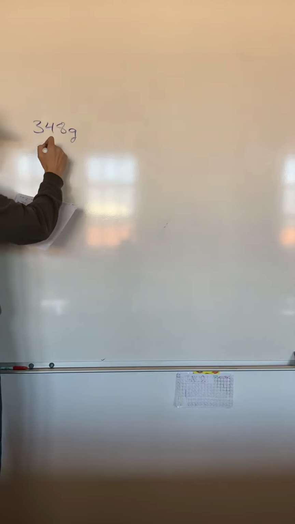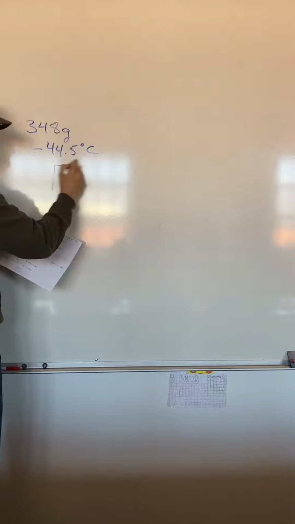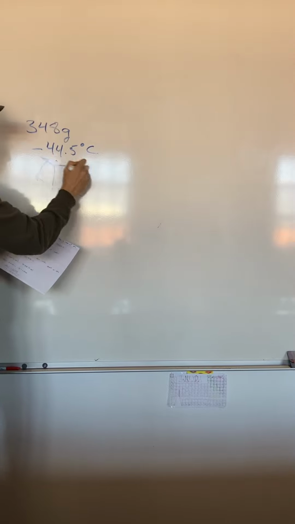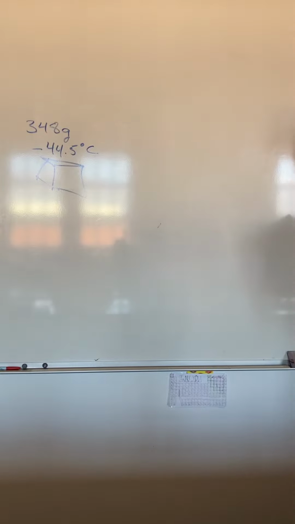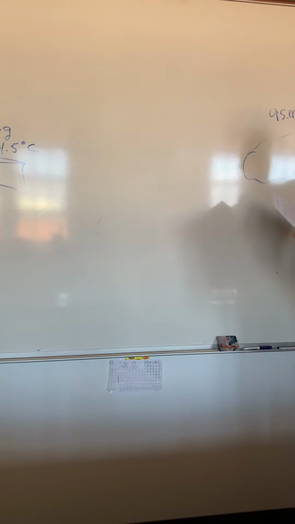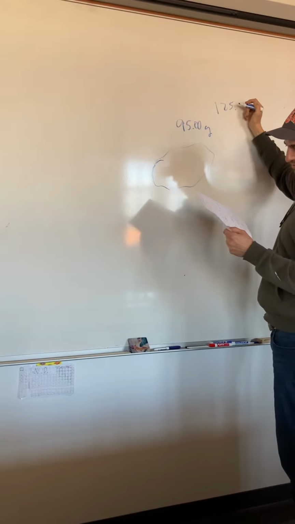Okay, in this problem, we start with a block of ice that has a mass of 348 grams and a starting temperature of negative 44.5 degrees Celsius. We also start with some amount of steam that has a mass of 95 grams and a starting temperature of 125.5 degrees Celsius.